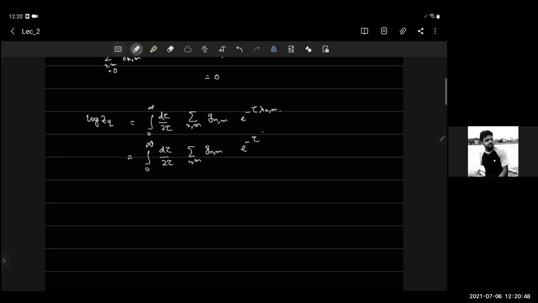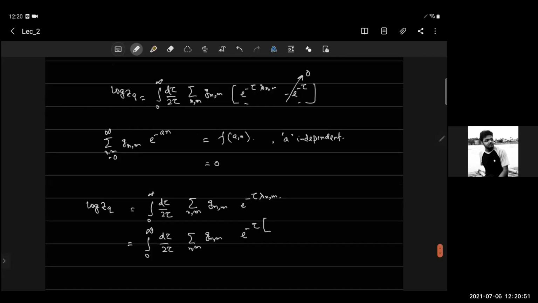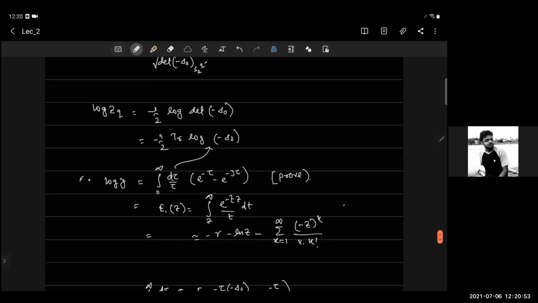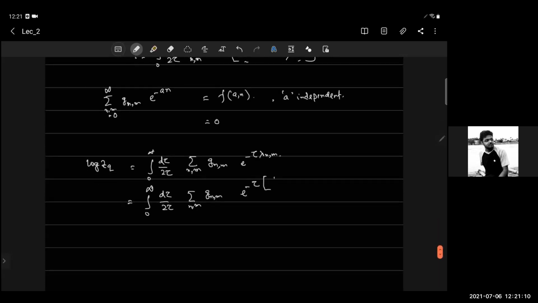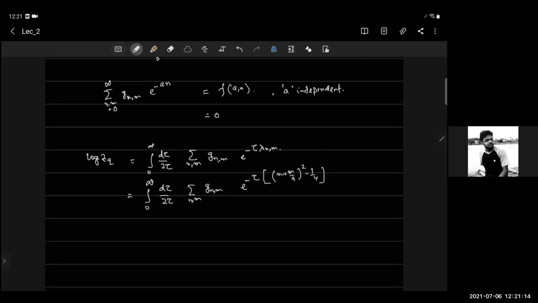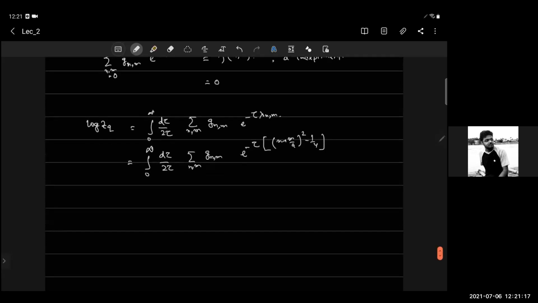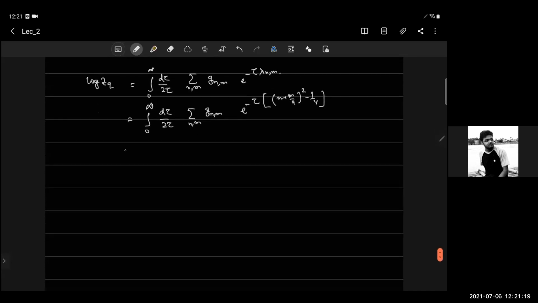You first complete the square of lambda_n. So the lambda_n expression, (n + m/q)(n + m/q + 1), you can write as (n + m/q + 1/2) the whole squared minus 1/4. Now I'll introduce another regulator.